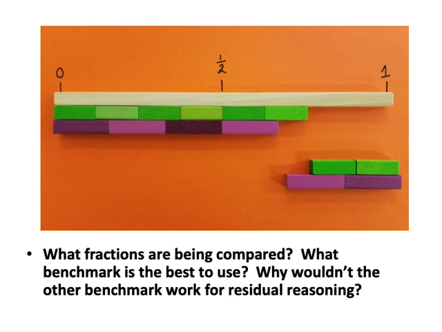Instead, if we consider the benchmark of 1, then both fractions have a residual of 2 pieces. 6/8 is 2/8 away from 1, and 4/6 is 2/6 away from 1. So now we're comparing 2/8 versus 2/6. And because of what we know about eighths and sixths, we know that 2/8 is less than 2/6. Therefore, 6/8 is closer to 1 than 4/6.